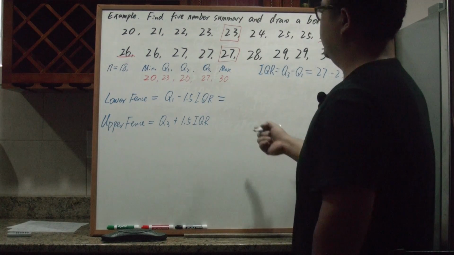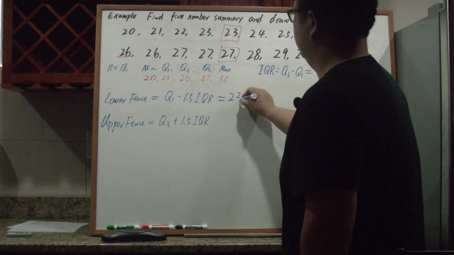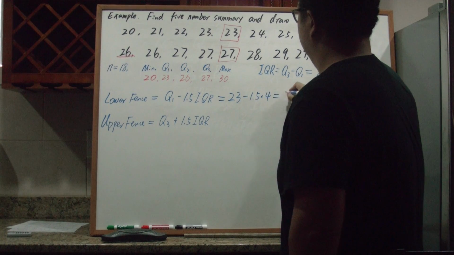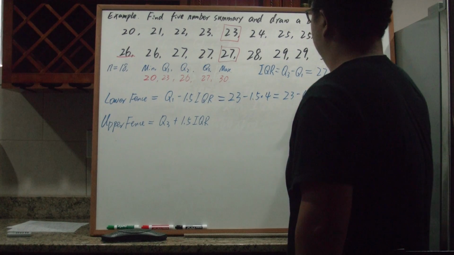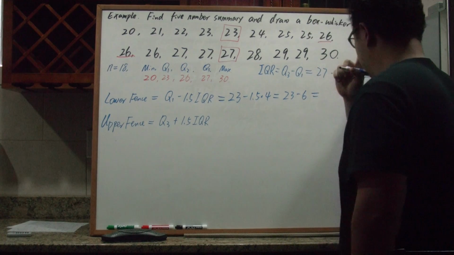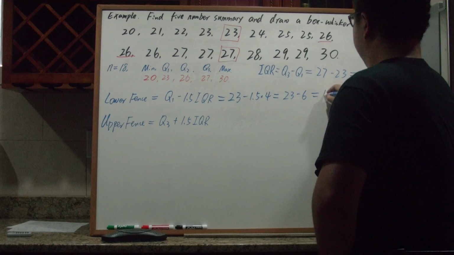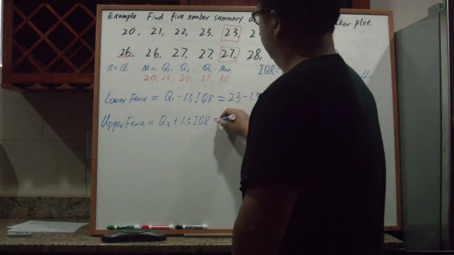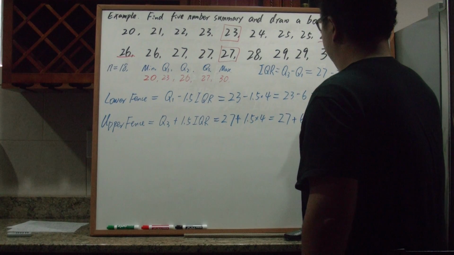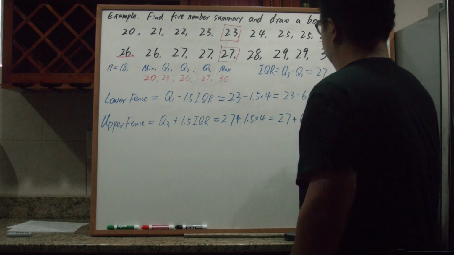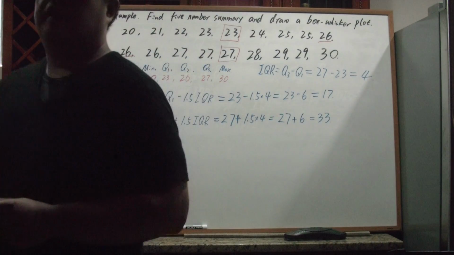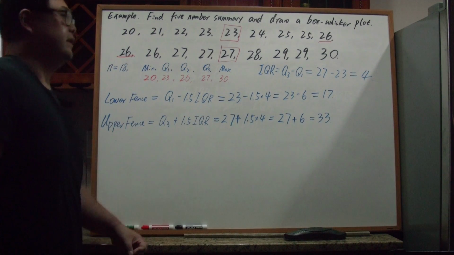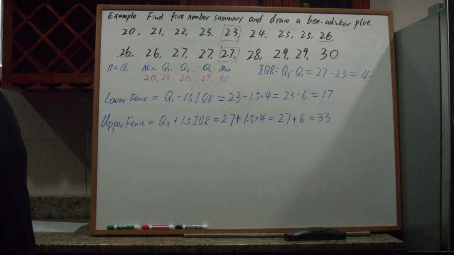First quartile, that's 23, minus 1.5 times 4, that is 17. We get different values for the lower fence and upper fence: the lower fence is 17, and the upper fence is 33.